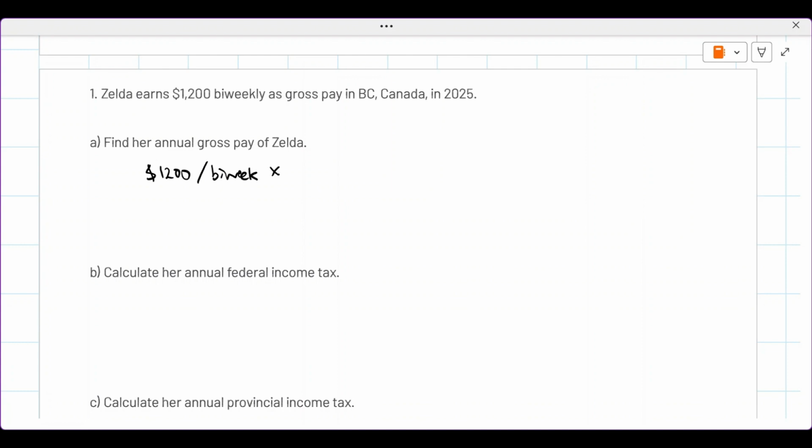We multiply this by 26, because in 1 year there's a total of 26 bi-weeks. Using the calculator, 1,200 times 26 is $31,200 per year for Zelda. So that's her annual gross pay.